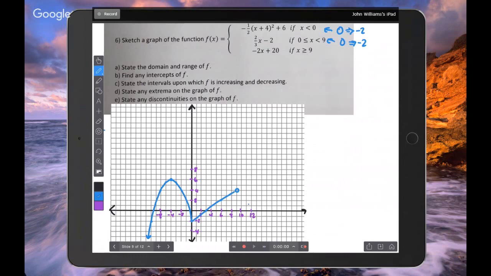So open circle does come right here, because when I evaluate -2x plus 20, when I plug in 9, -2 times 9 is -18, plus 20 is 2. So the graph continues right there, and that's where I get a closed circle. And it goes down 2 over 1. So the graph is off this way.